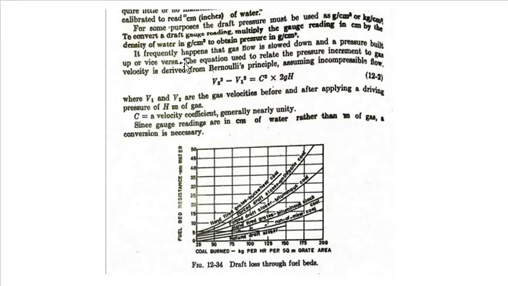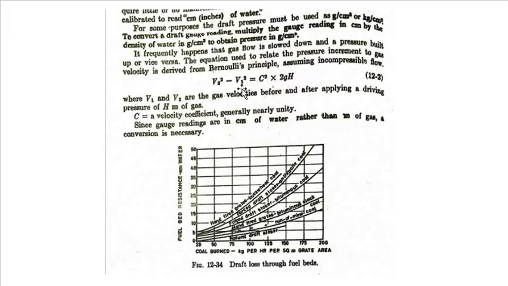So it frequently happens that the gas flow is slowed down and a pressure built up, or vice versa. The equation used to relate the pressure increment to gas velocity is derived from Bernoulli's principle, assuming incompressible flow.